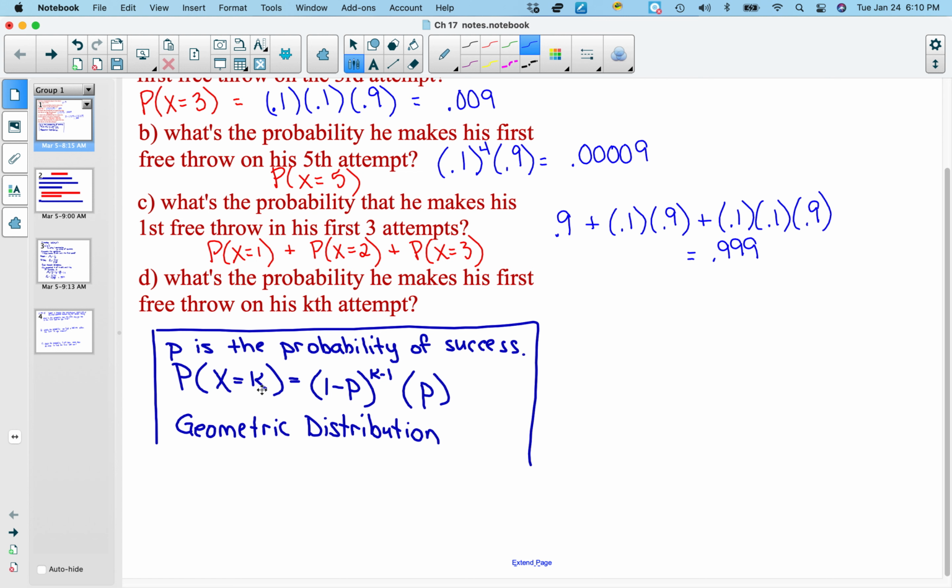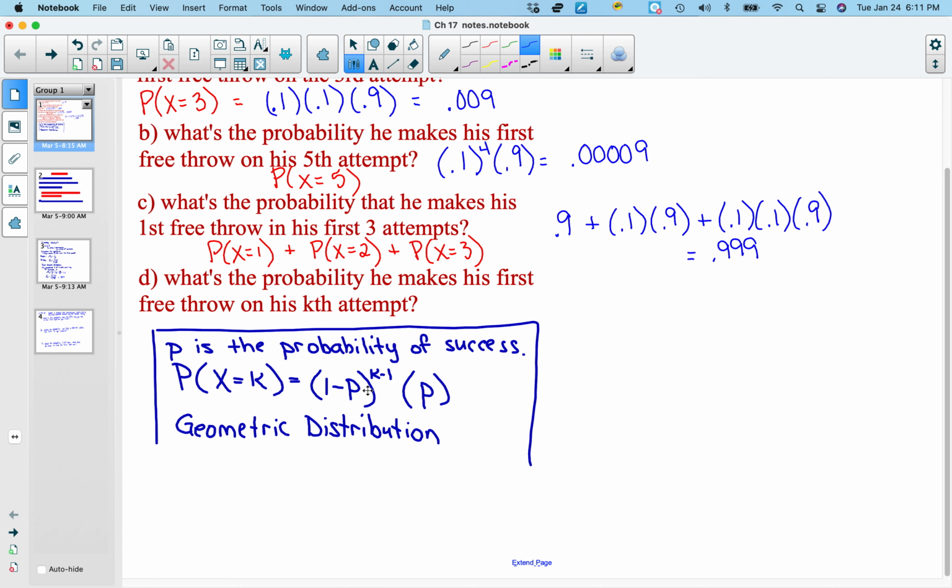That would be the kth attempt. Well, that would mean that the failure, if he made it on the kth attempt, that means k minus 1 times he missed it. And if P in our example was 0.9, I got the 0.1 by subtracting 1 minus 0.9. So that's where this formula comes from. And this is actually called a geometric distribution.